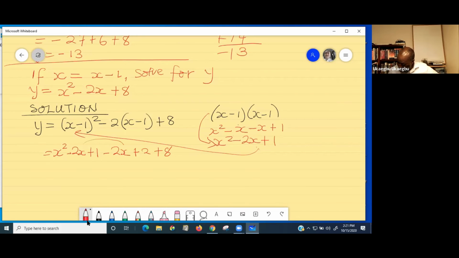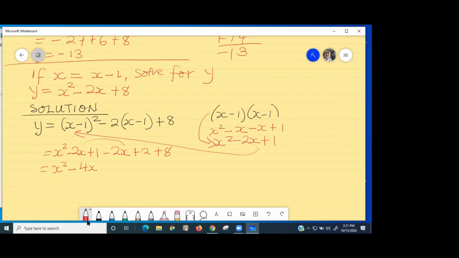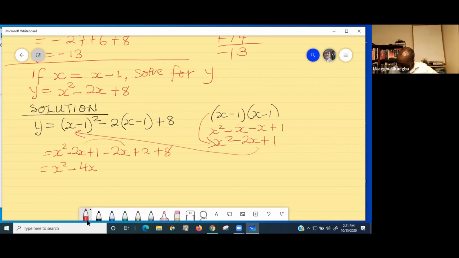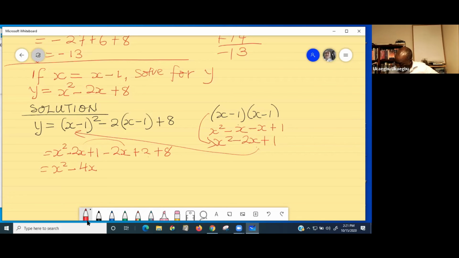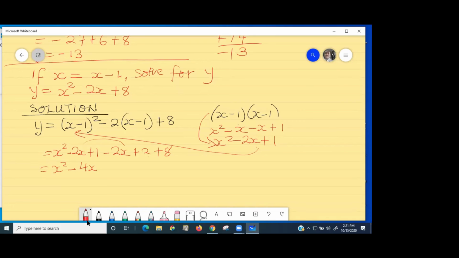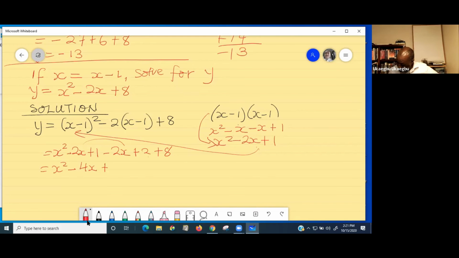So you have x squared, -4x. Then these are the like terms: 1 plus 2 is 3, 3 plus 8 is 11. Is it 12 or 11? It's 11. Okay, plus 11. And that's your y.